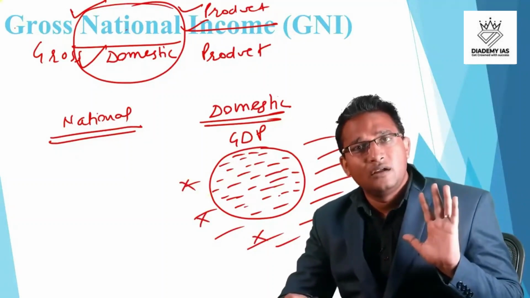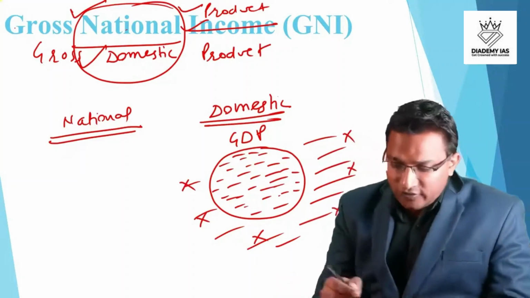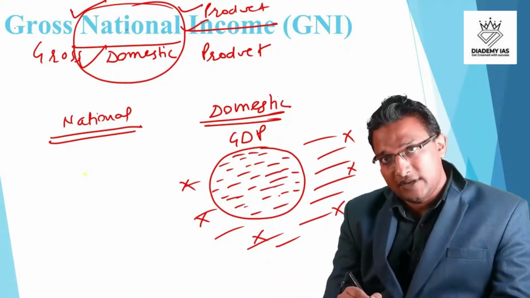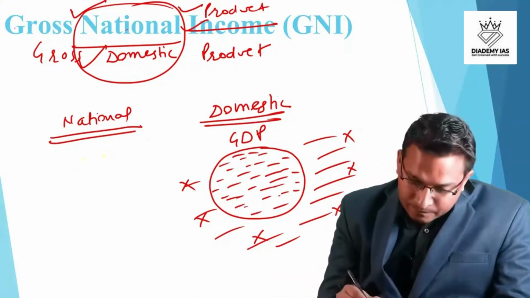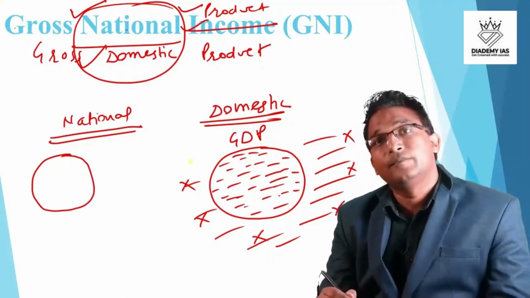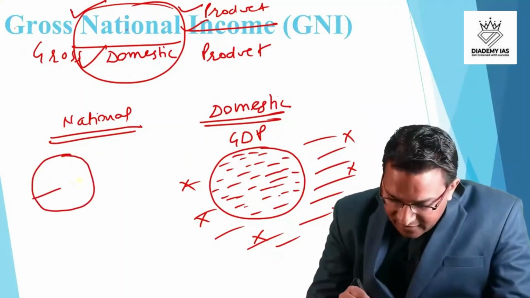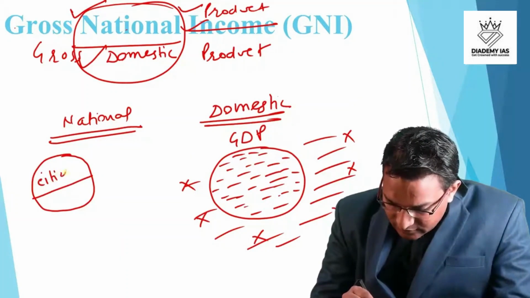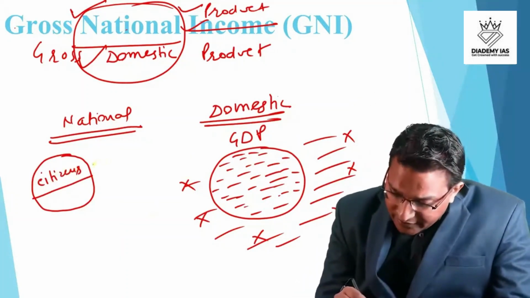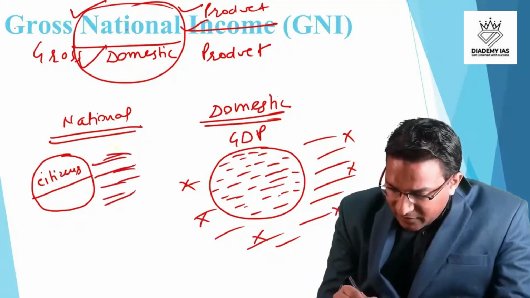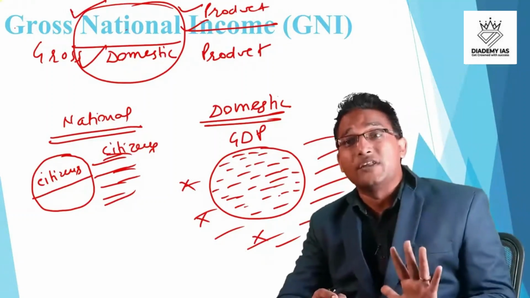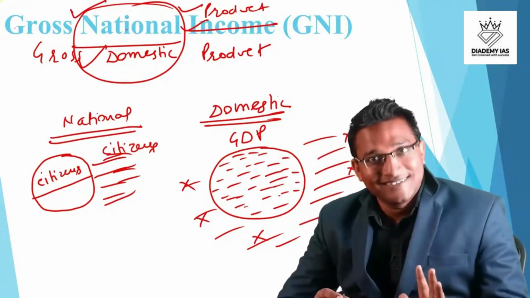This is very simple. However, in case of the national income, right, the GNP, what we see is that in the economic territory, the production done by the citizens, right, and outside the economic territory also, the production done by the citizens, both of them are included in the GNP or GNI.